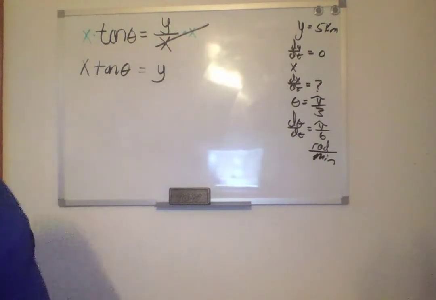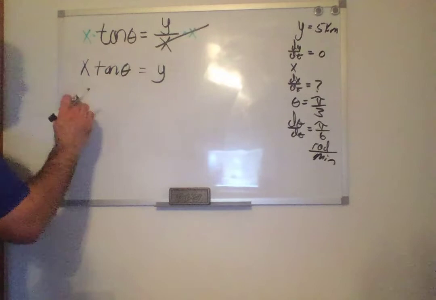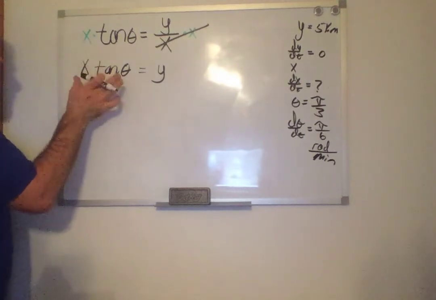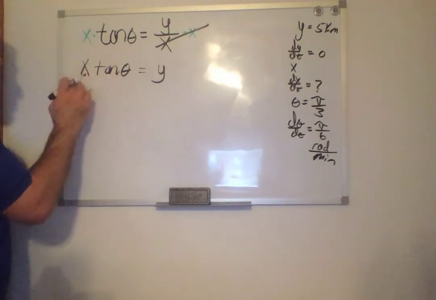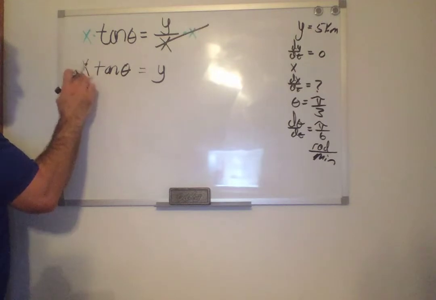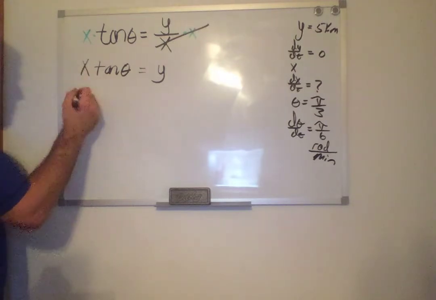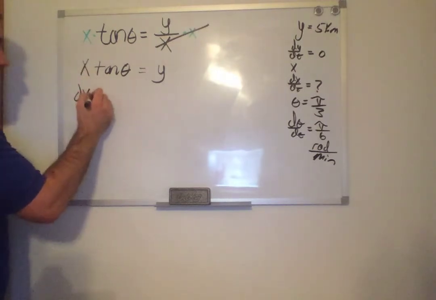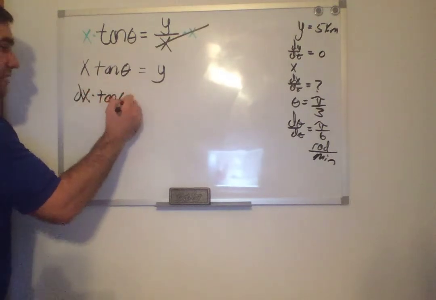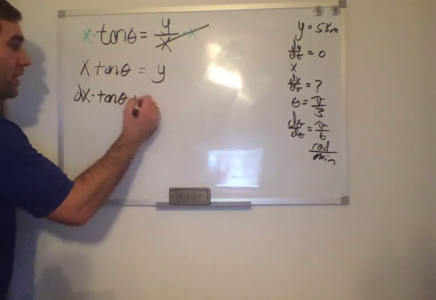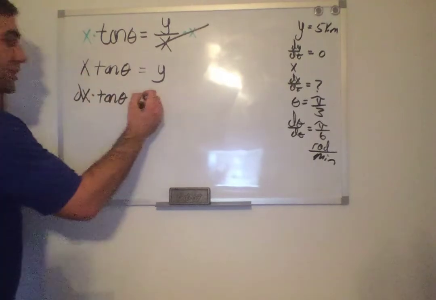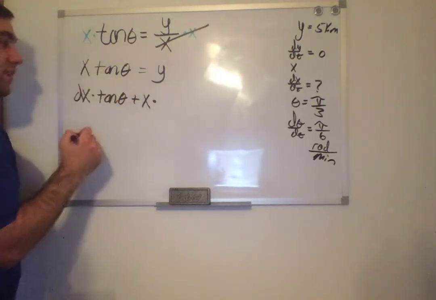Now I'm going to go ahead and implicit differentiate. We've got a product here, so I got to use the product rule. The derivative of x is just 1, but then I got to remember my dx, times the second function, tangent of theta, plus the first function times the derivative of the second function.